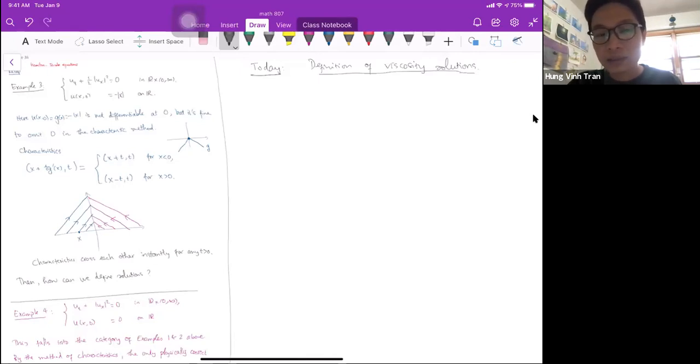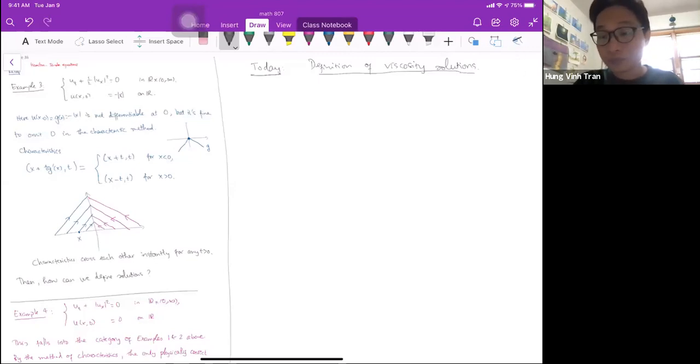And it turns out that the viscosity solution fits nicely with the Wickham solution. So everything fits together. That's the point. If you have questions or want to discuss something, let me know before I start.